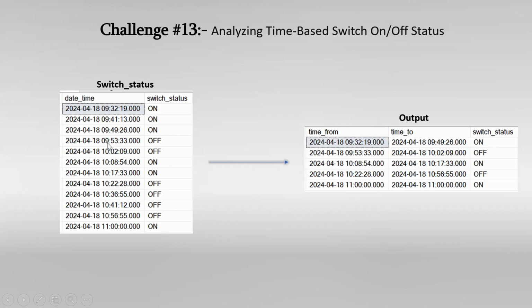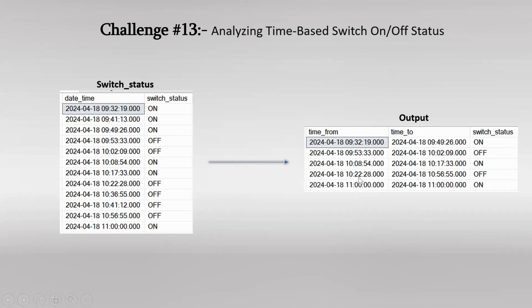Then again from 9:53 to 10:02 a.m., the switch was off. That's what we have in the second row of the output table. Similarly, we have to calculate time from and time to along with switch status in the output table.